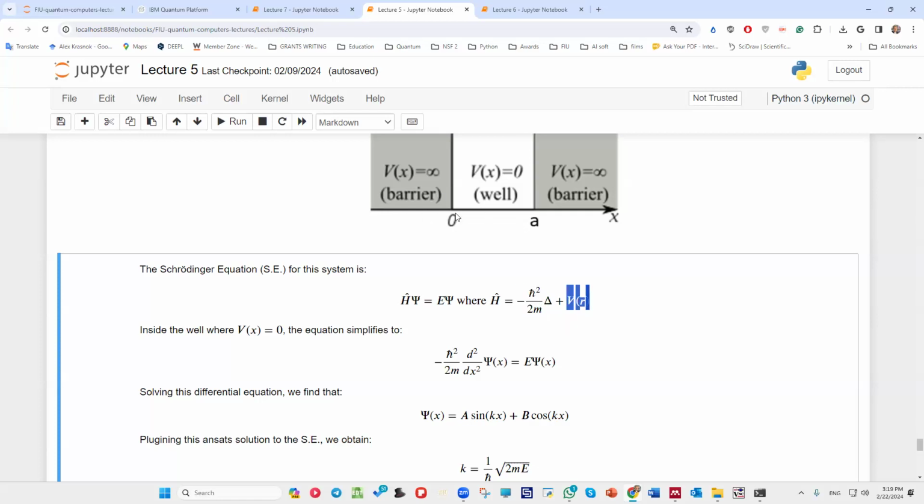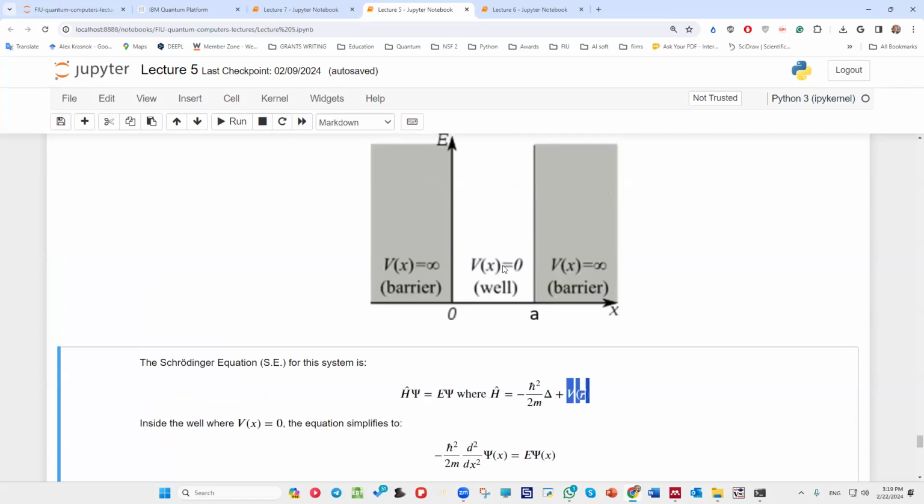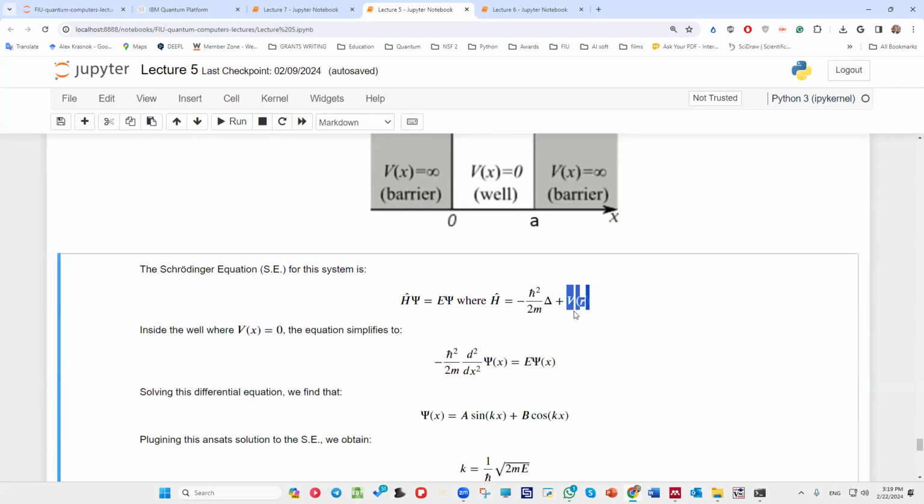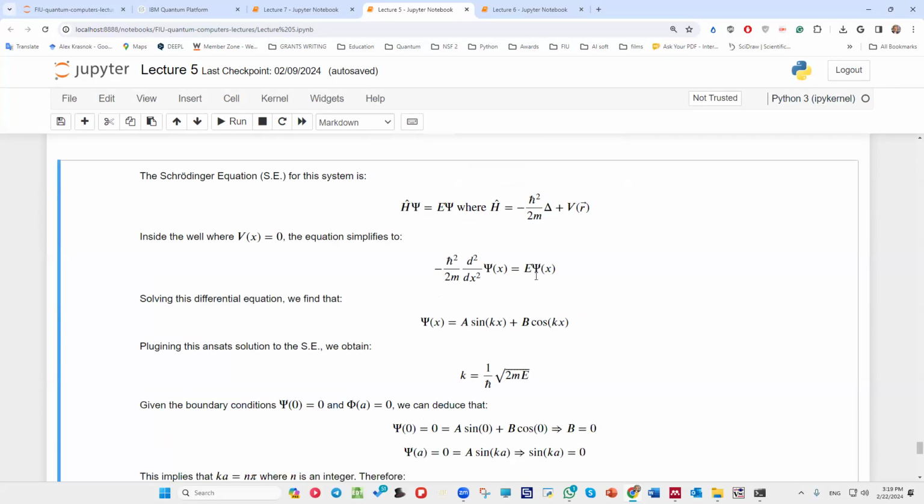And in this case, between the walls here, the potential energy is 0. So we omit this term, it vanishes. And we come to this simple equation, which can be solved by this ansatz, right? This guess solution.